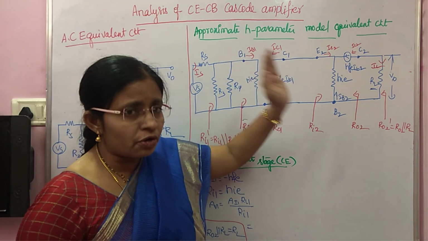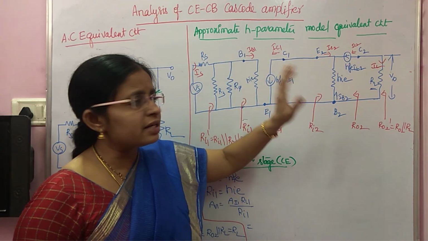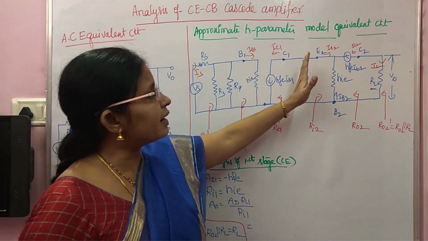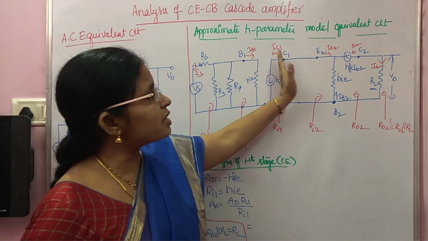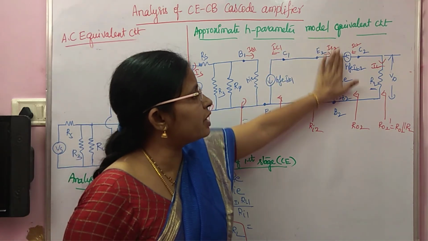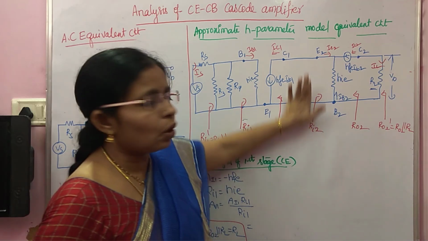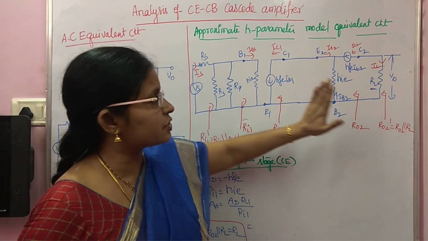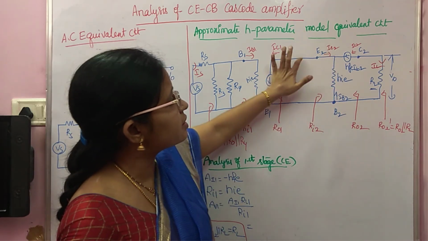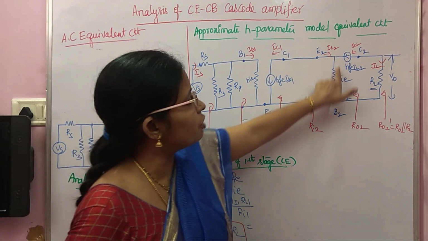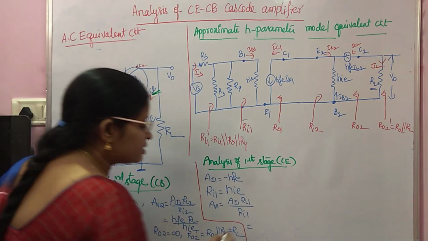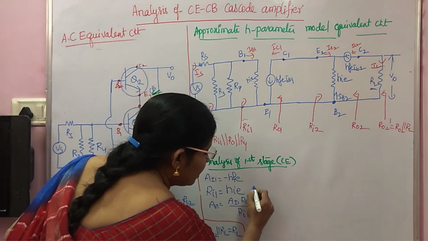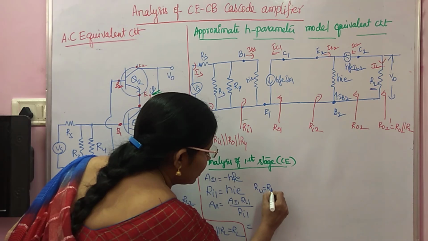You have to consider the resistance connected to the output terminal of the first stage, that is, the whole input part of your second stage, up to this point. That resistance is RI2. That is the reason RL1 here is RI2.